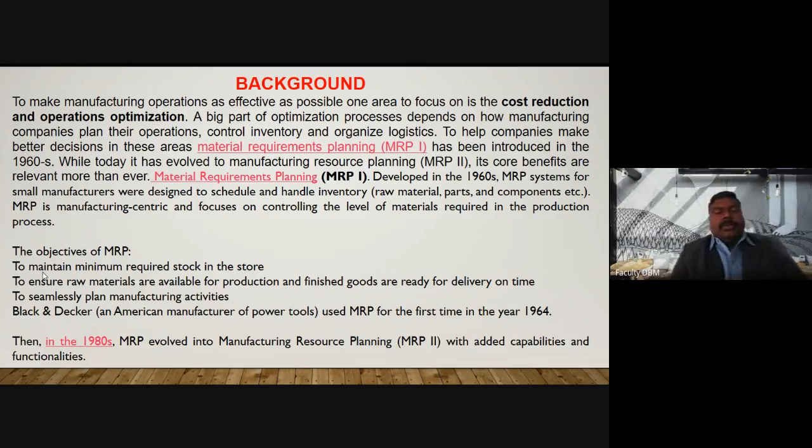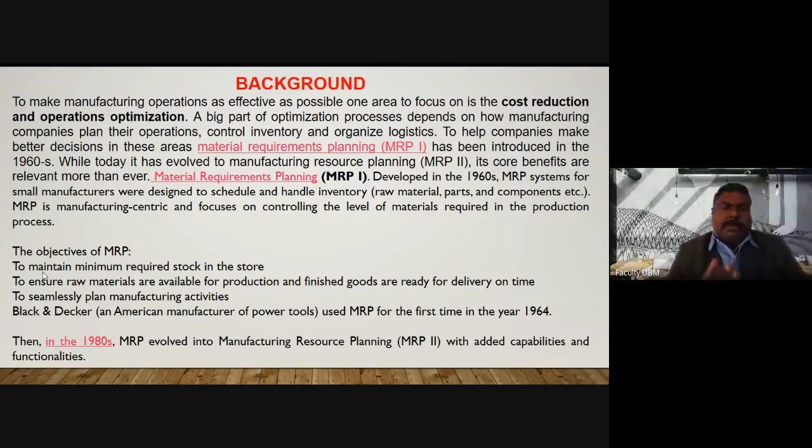To ensure raw materials are available for production and finished goods are ready for delivery on time, we will know through the MRP1 activity only. We will know how much raw material and how many finished goods are in the godowns for delivery, to seamlessly plan manufacturing, so there is no stoppage in the movement of material.